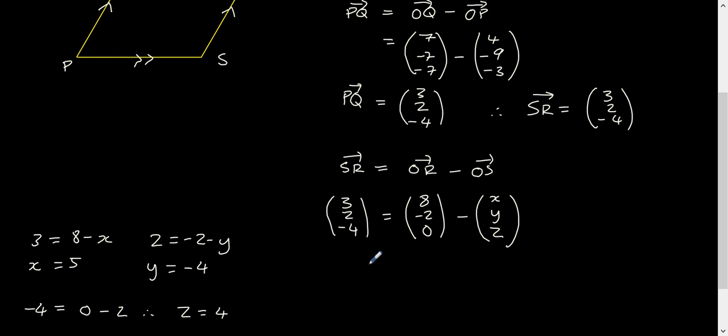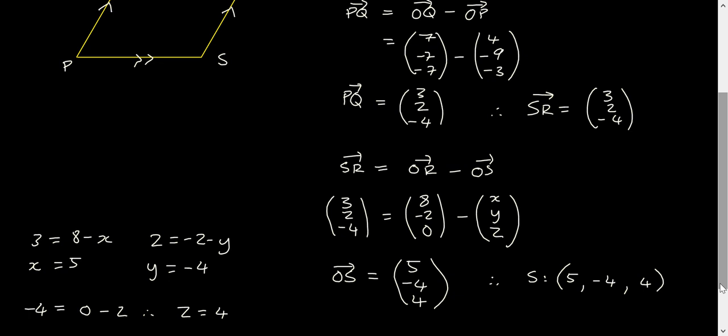So that means that our position vector of OS, which is what we're working out, is X, which is 5, Y, which is minus 4, and Z, which is 4. So that means that the coordinates of S are 5, minus 4, 4.